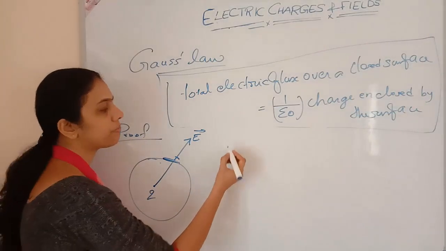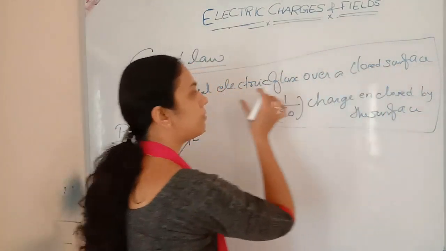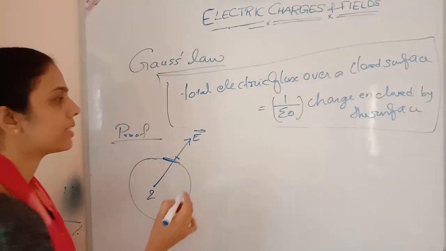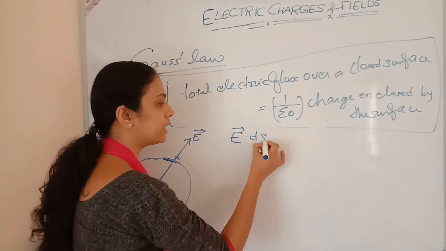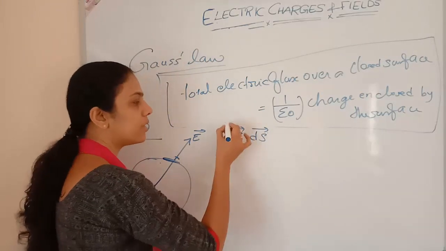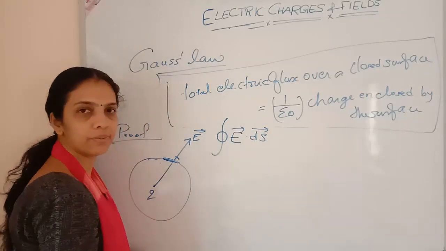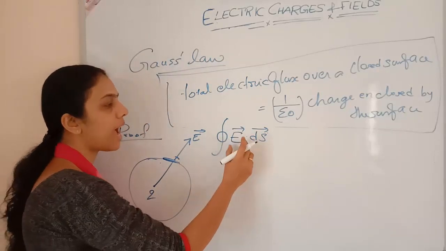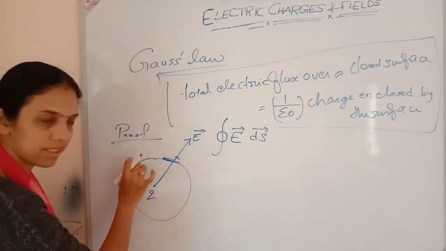Before that we should write down how we can represent the flux over a closed surface. Flux means we know it is E dot ds. Closed surface means closed integral. We are adding all the small surfaces in a closed surface.